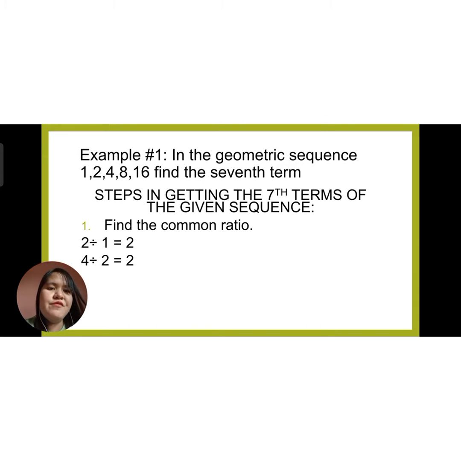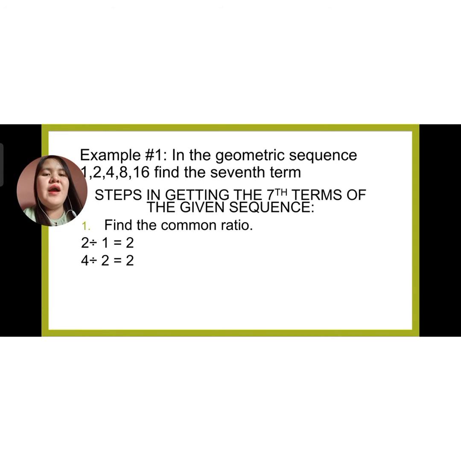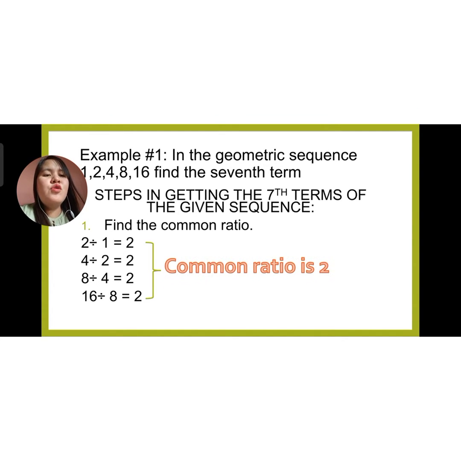Then 4 divided by 2, which also gives us 2. Then 8 divided by 4, which also gives us 2. Next is 16 divided by 8, which also gives us 2. So, therefore, 2 is the common ratio.